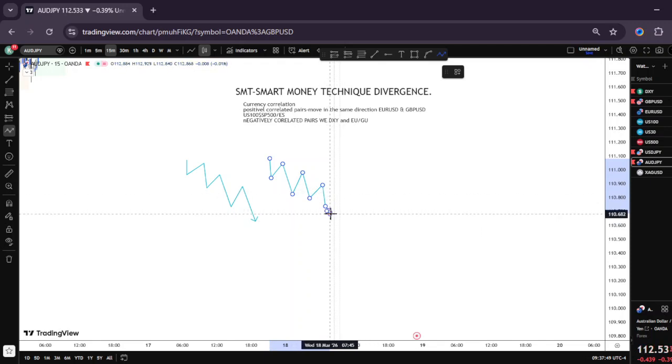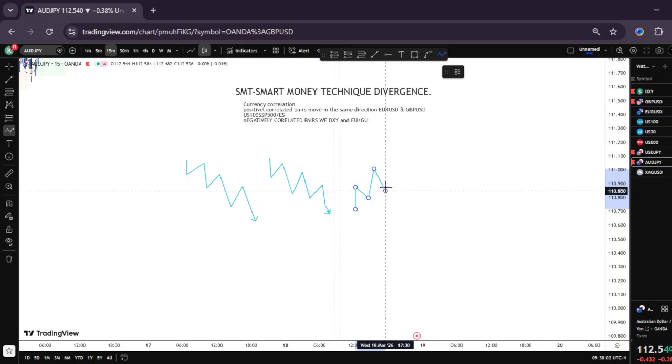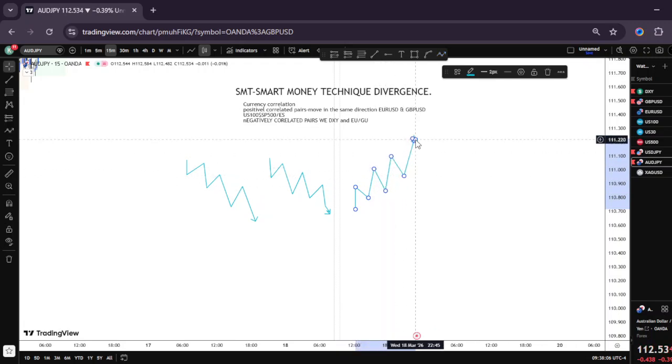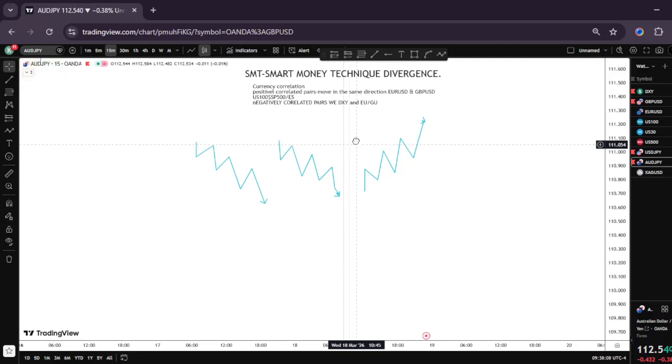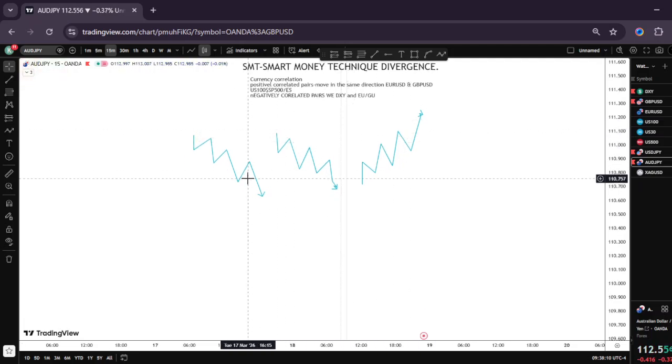For a negatively correlated pair, when EURUSD and GBPUSD are going downwards, making lower lows and lower highs, DXY will be making higher highs and higher lows. So that is the first thing you need to understand: there are positively correlated pairs and negatively correlated pairs.